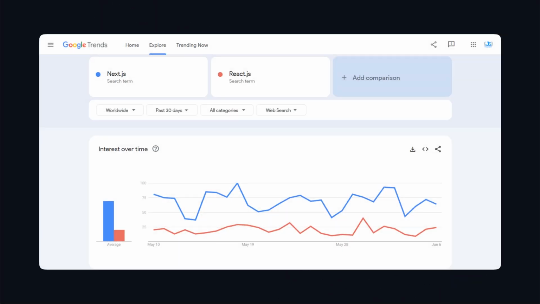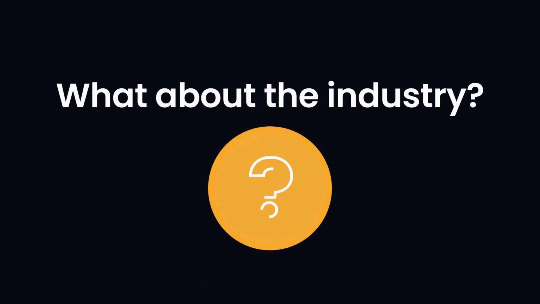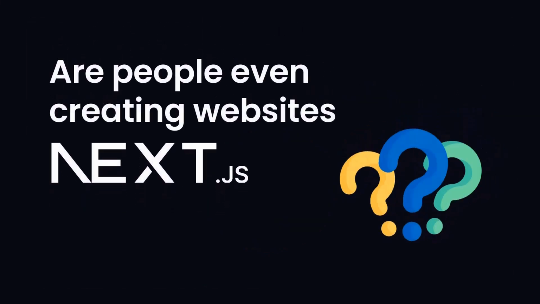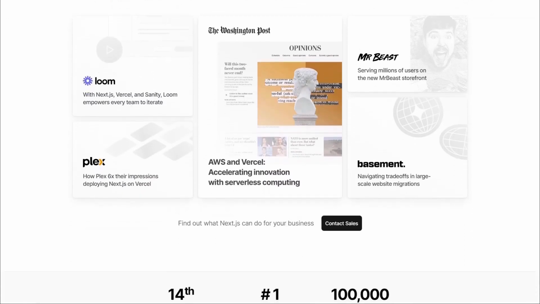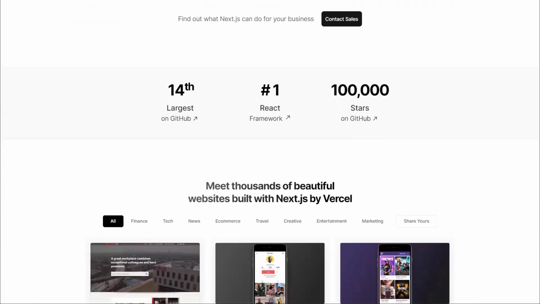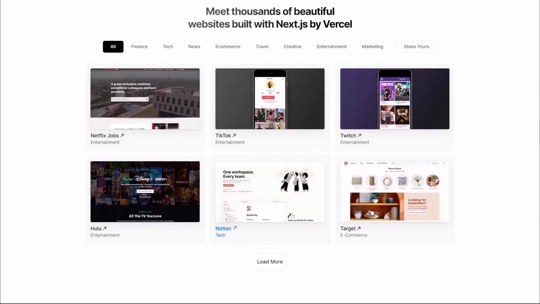In the past 30 days, Next.js has received significantly higher search interest worldwide than React.js. But hey, that's just a Google trend. What about the industry? Are people even creating websites using Next? Well, let's take a look at the Next.js showcase, which shows different companies using Next.js.